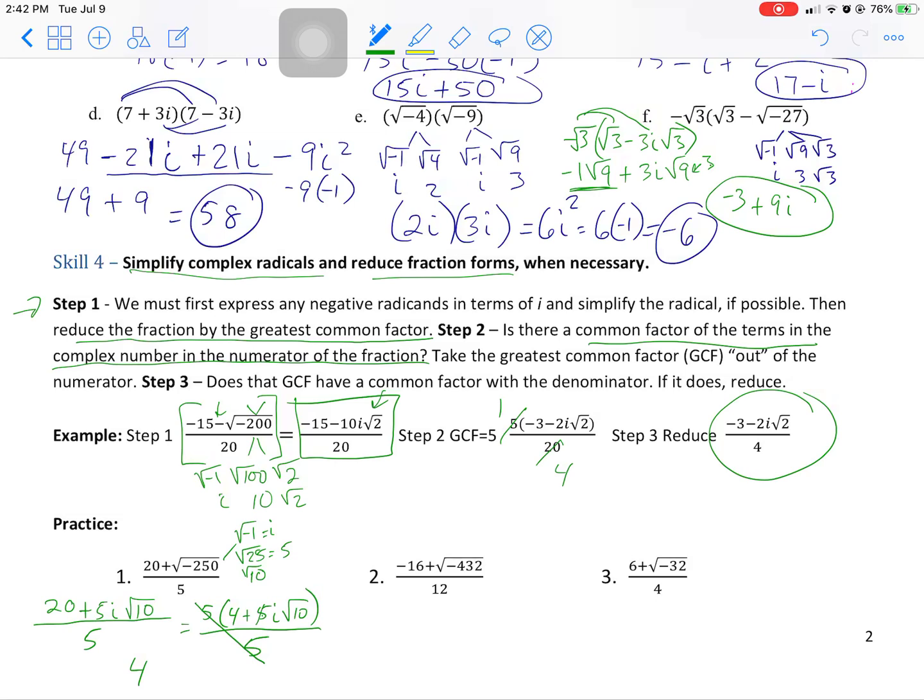Sorry, can't talk and write at the same time. My apologies. 5, 4 plus i square root of 10 over 5. So take it out of this term and this term here. Reduce it this way. Final answer, 4 plus i square root of 10.